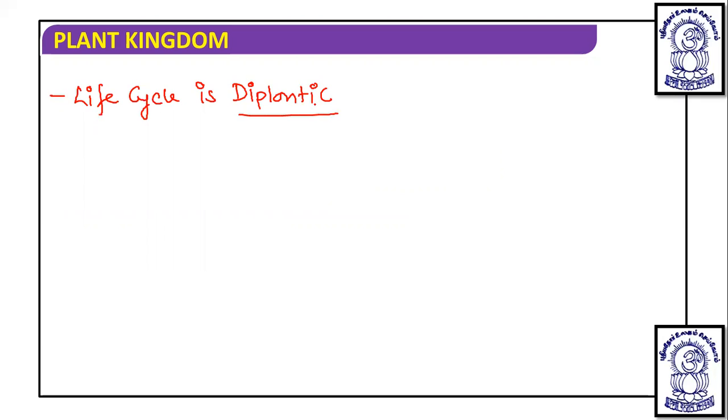The diplontic life cycle is seen because the gametophyte generation is short-lived and the gametophyte is very reduced and dependent on the sporophyte, and the majority of stages are of the sporophyte. So we call it a diplontic life cycle. Okay, dear students. So this is about the general characteristics of gymnosperms and their life cycle.